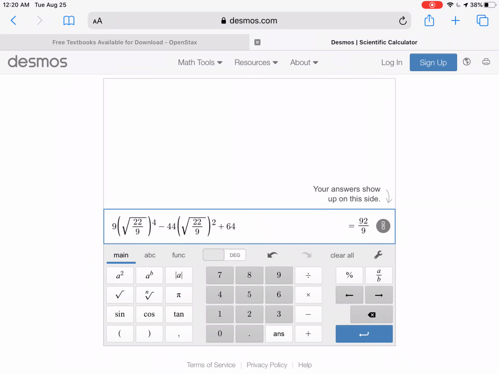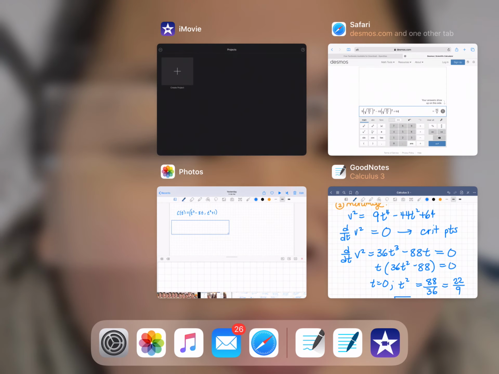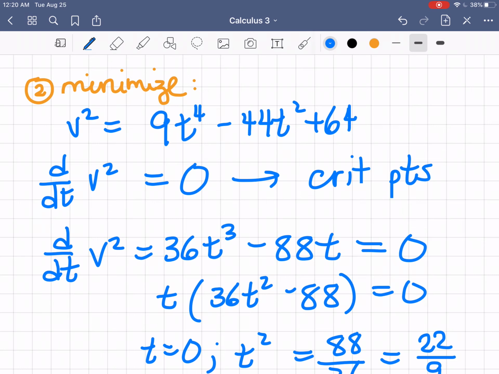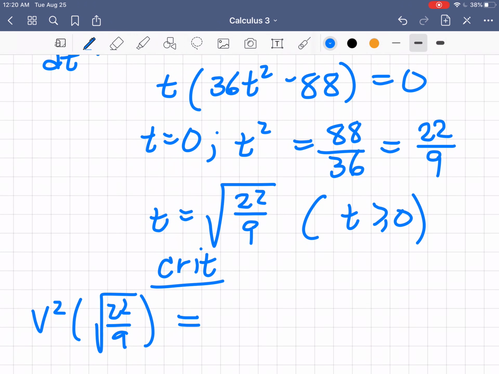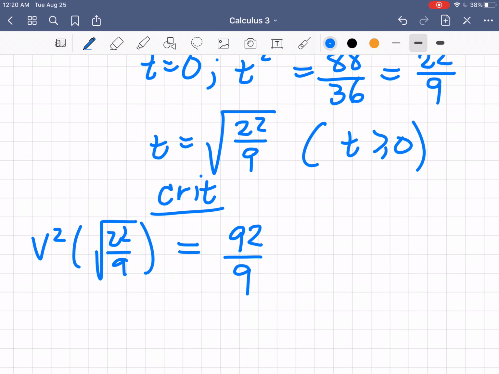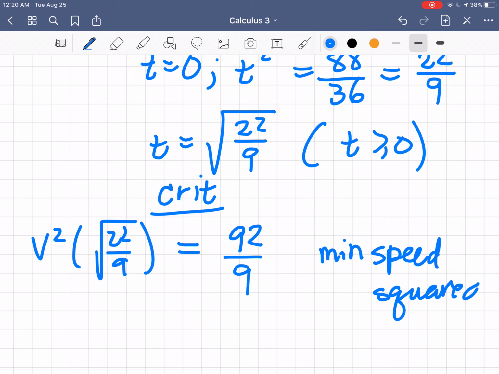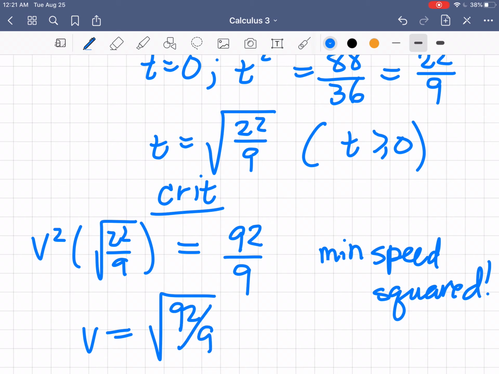And you get 92 over 9. So that is the min speed squared. So the min speed has to be the square root of that. Alrighty.